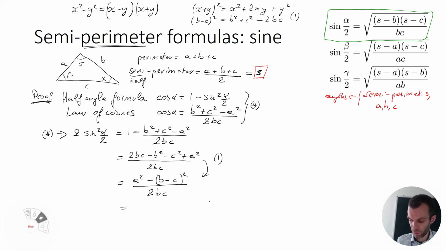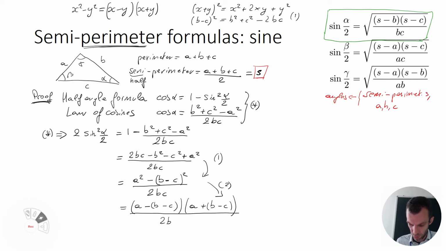Now I'm going to use formula 2 to write this expression on top as a minus b minus c times a plus b minus c. So that's number 2, and that's divided by 2bc.